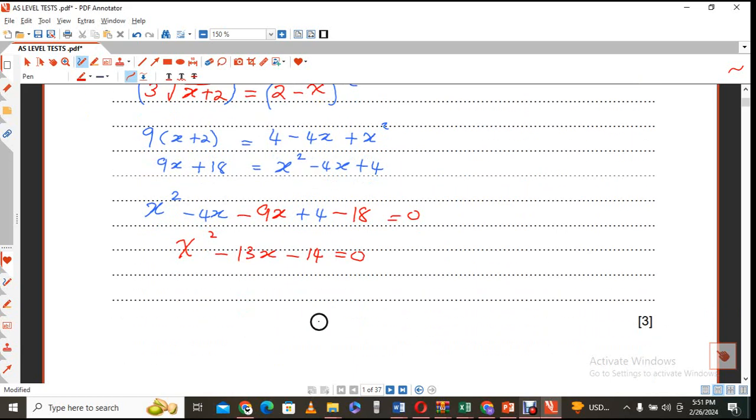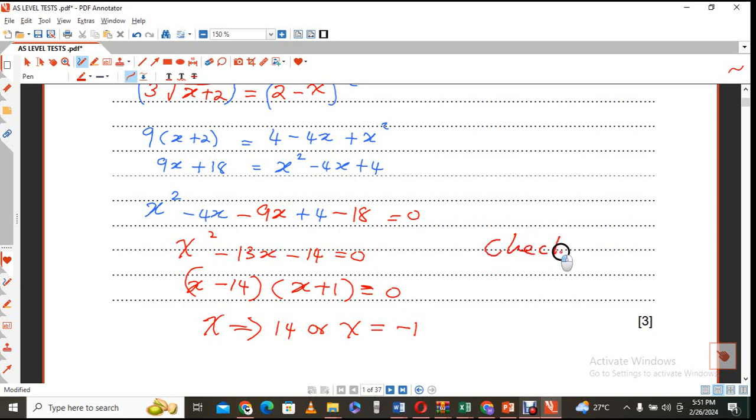You should be able to factorize this, giving x minus 14 in one bracket and x plus 1 in the other. Effectively, the solutions would be x equals 14 or x equals -1. Now again, you must check your solutions, and if you do, you would realize that the only solution here is x equals -1, and the other one simply won't work.